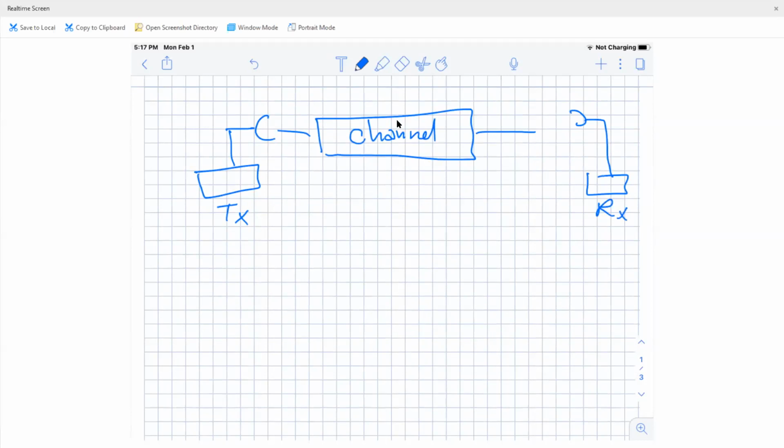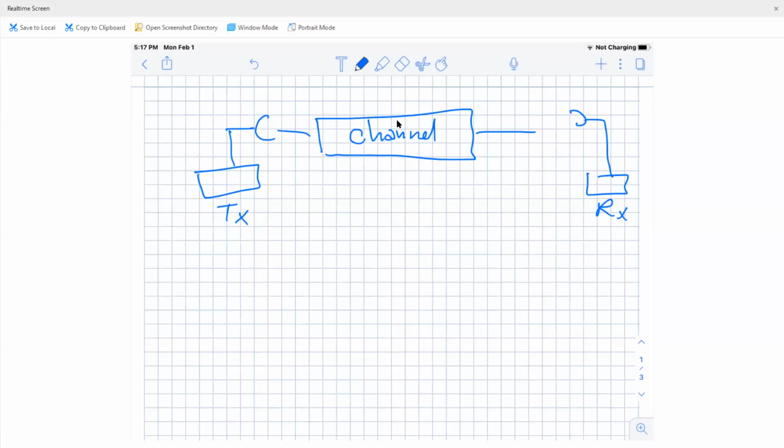So any communication system consists of three elements: transmitter, receiver, and channel. I think you are familiar with AM modulation, FM modulation, PM modulation, and some digital modulation techniques like ASK, FSK, PSK, QPSK, and QAM.